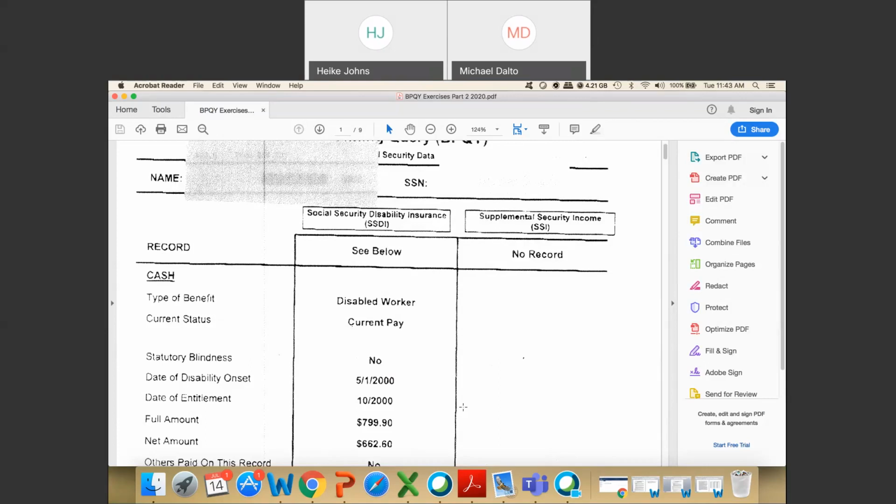So starting with how to determine if a person's done work that needs to be reviewed, Title II. Step 1 says pull key dates from the BPQY.